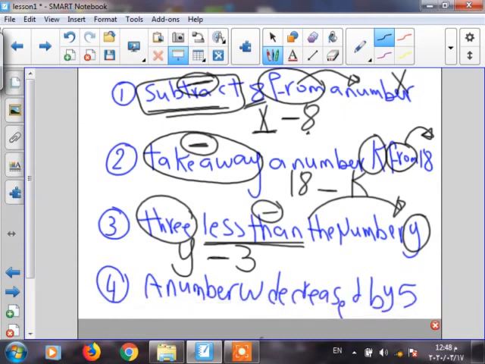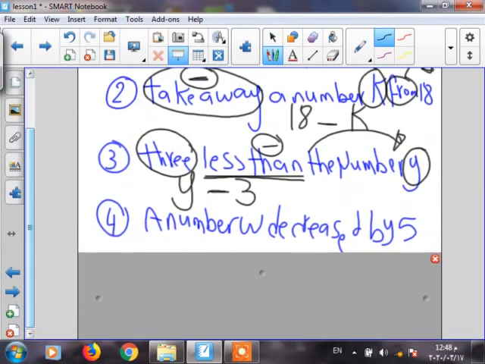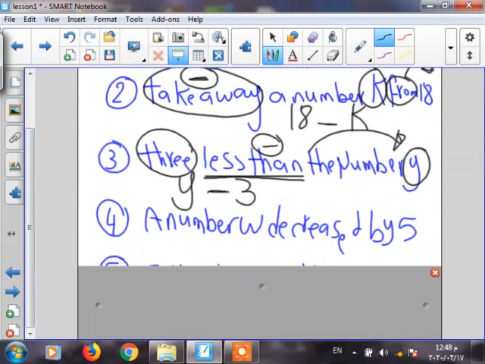The next one, a number decrease. What is the meaning of this word? I have here the number W, and it is decreased by 5. What is the meaning of this big word? Decrease will become less than, it will become smaller.